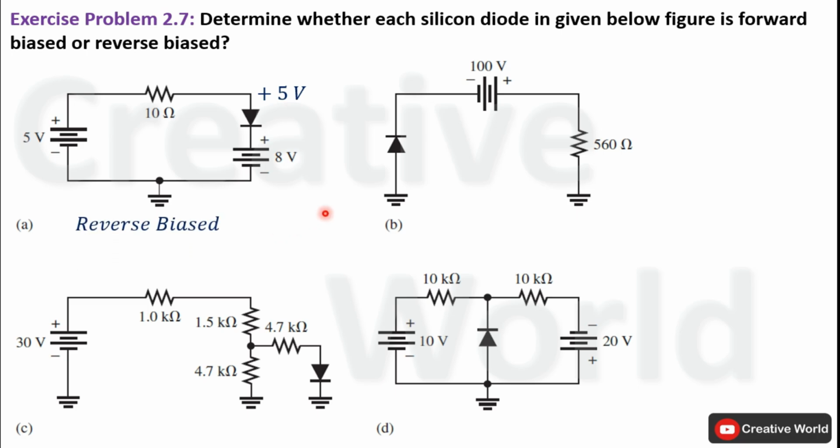Now we will move to the next configuration. In this configuration, a diode is connected through a resistance to a voltage source.